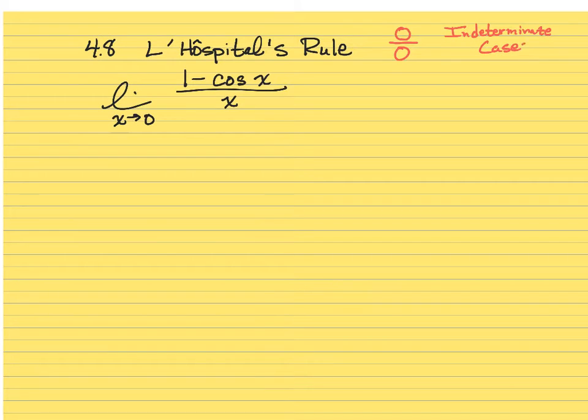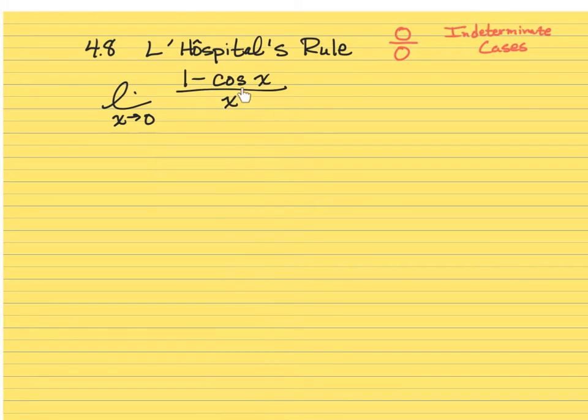All right. So the first case where L'Hopital's rule applies is when you've got the 0 over 0, right? So this top goes to 0 and the bottom goes to 0, right? And so if I want to evaluate that, I've got to do some things to this. In the past, we've made an XY table, or looked at the graph, or did some algebraic simplification.